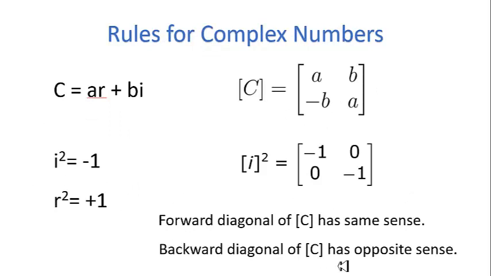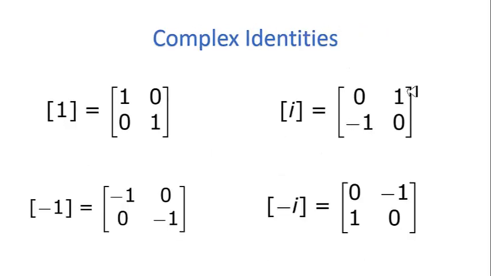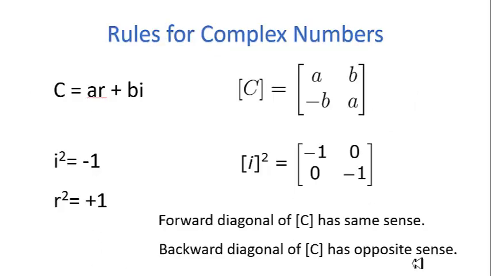And the backward diagonal always has the opposite sense. So either it's going to be positive here and negative here, or negative here and positive here. And so these are the complete rules of the complex numbers when written in 2x2 matrix format.